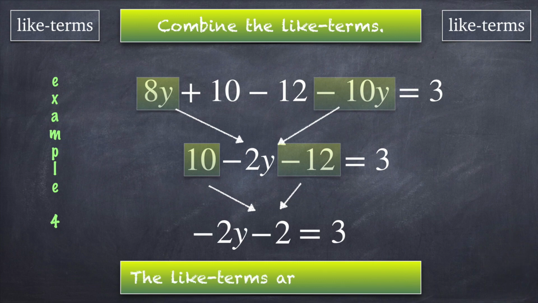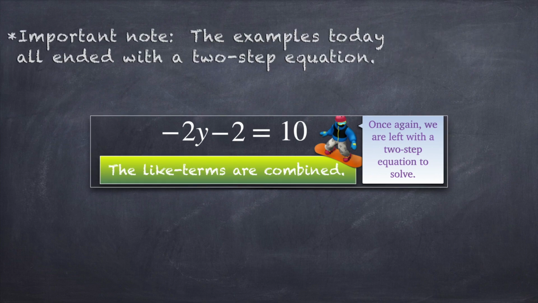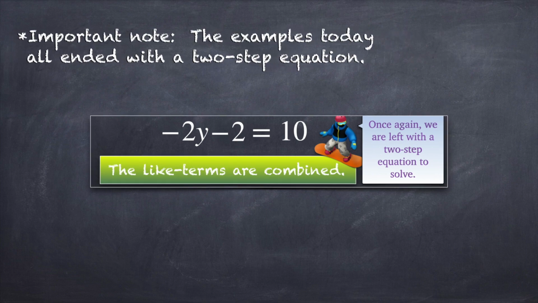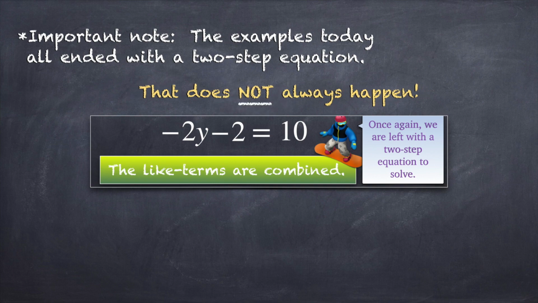And for our last example, we also ended up with a two-step equation. Just want to make sure you understand exactly what like terms are. Same variable and exponent. Again, an important note, the examples today all ended with the two-step equation, but that does not always happen.